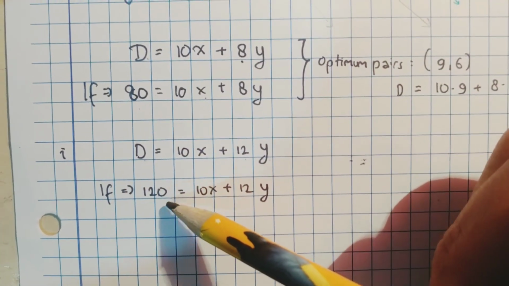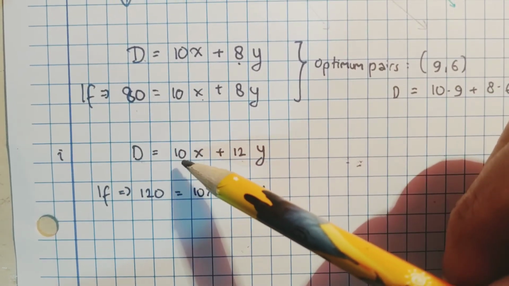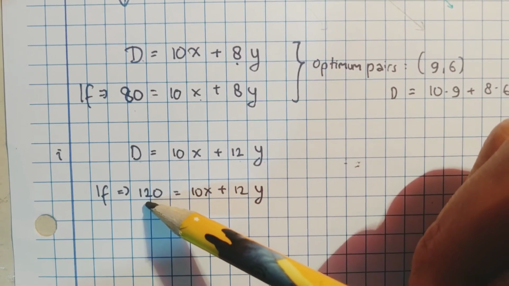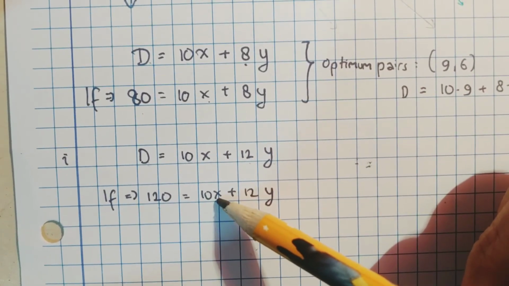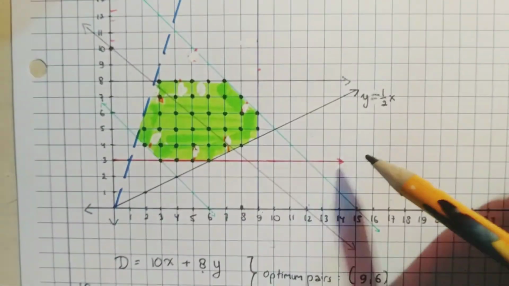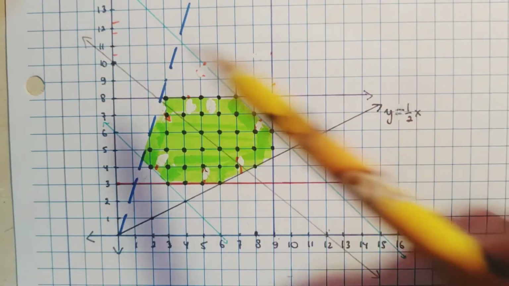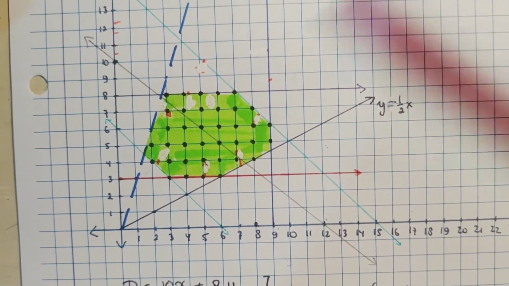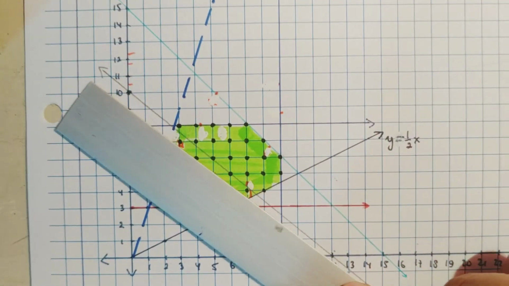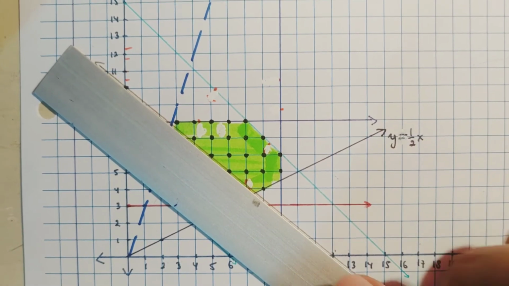So let us assume, let's put one value of D that is divisible by this and this. I choose 120. Therefore, I can use the x-intercept of 12 and the y-intercept of 10. 12 and 10. So this is the new testing line. So how do we find which pair will give us the highest possible dollars?